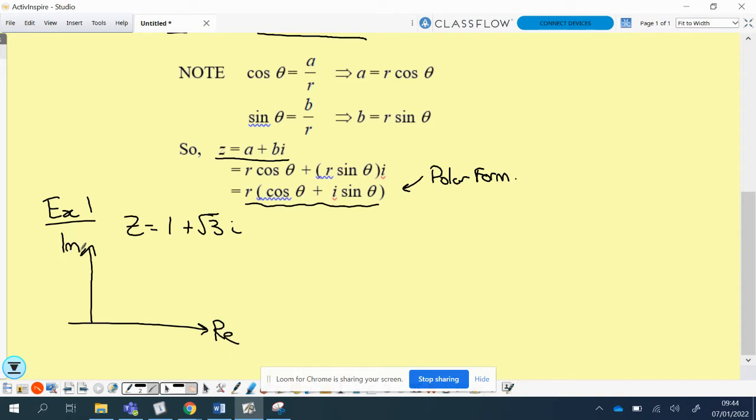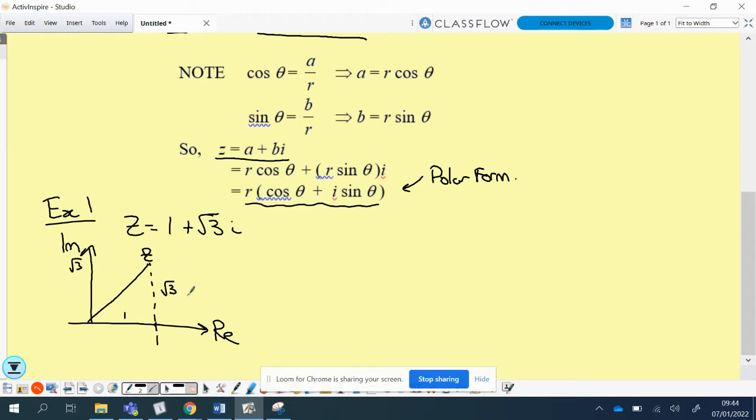Real goes along the x-axis, imaginary goes up and down the y-axis. My real value, the bit that's not attached to the imaginary number i, is 1, so I go along 1. Then root 3 would be up here somewhere along the imaginary axis, so let's say it's there. So that's where z would be. I went along 1 and up root 3.